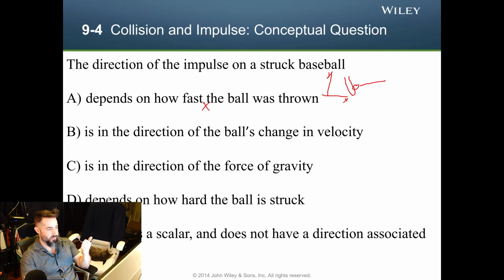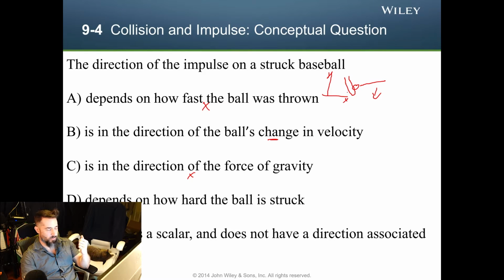B is in the direction of the ball's change in velocity. I don't see anything wrong with this. So that's a possibility. Is in the direction of the force of gravity. The force of gravity is working downward. We're essentially working in the x direction, so this is irrelevant. Depends on how hard the ball is struck.